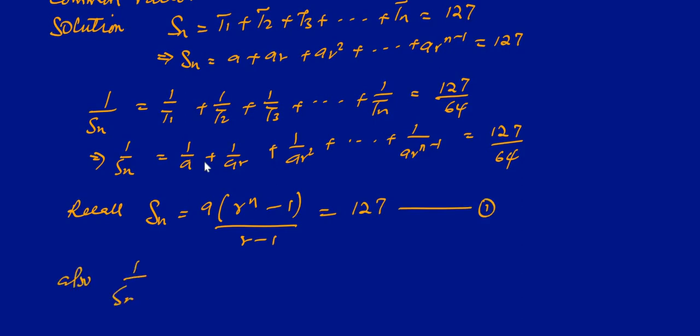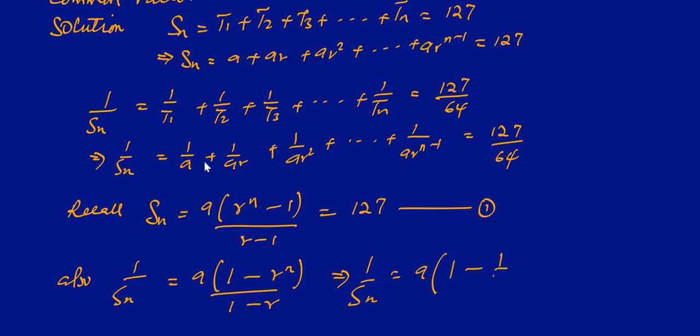And also, for 1 over Sn, we use the formula when R is less than 1, equal to A bracket 1 minus R raised to the power of n all over 1 minus R. This implies that 1 over Sn will be equal to A bracket 1 minus 1 over R raised to the power of n all over 1 minus 1 over R. How do you get 1 over R?